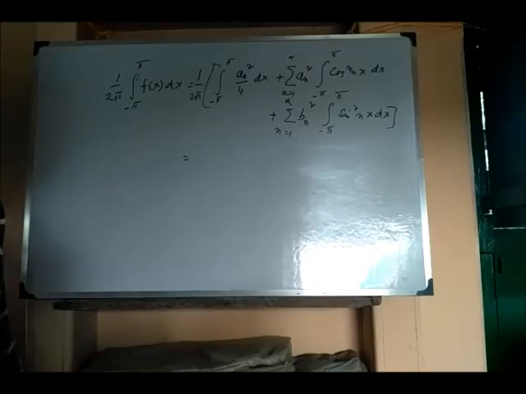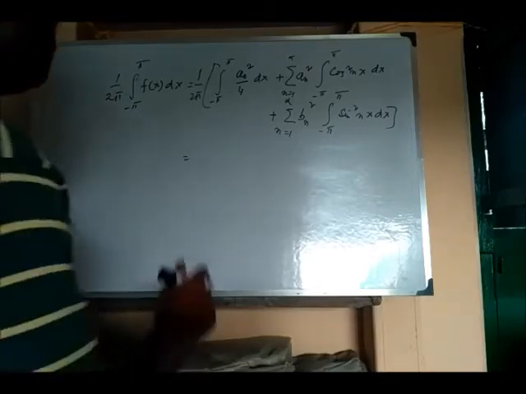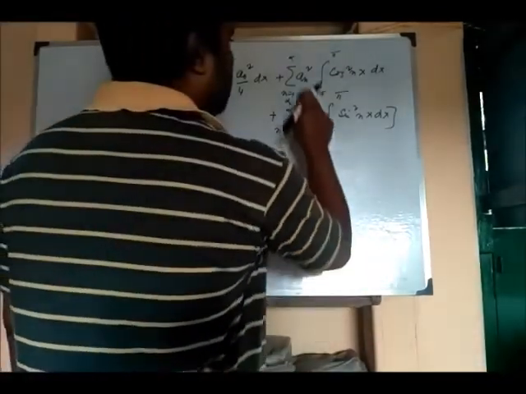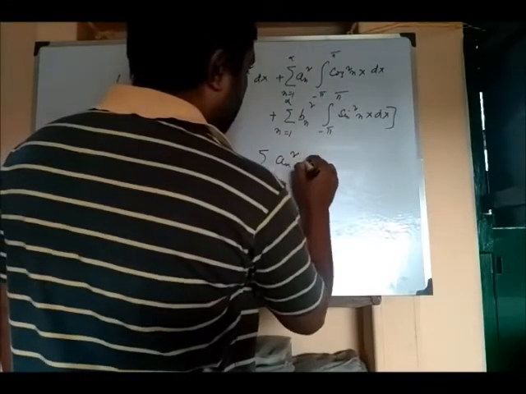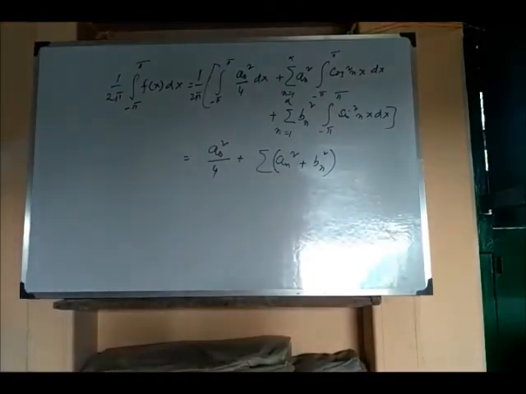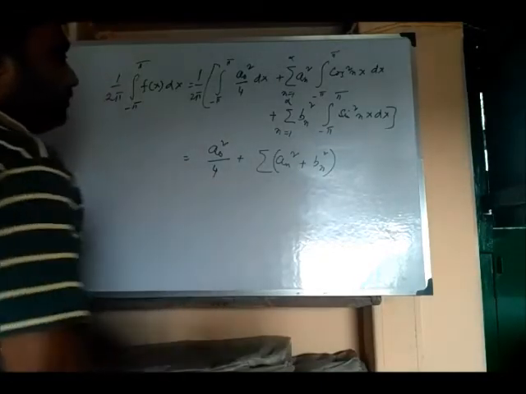So what you will get from this is a0 square by 4 plus the sum of an square plus bn square. Okay. So this is just Parseval's theorem.